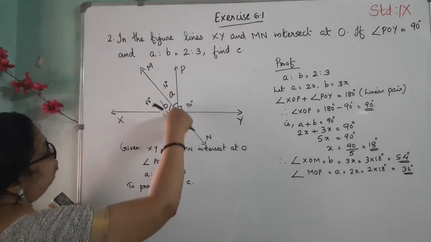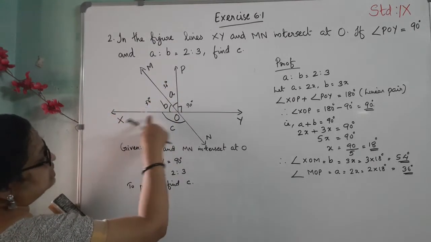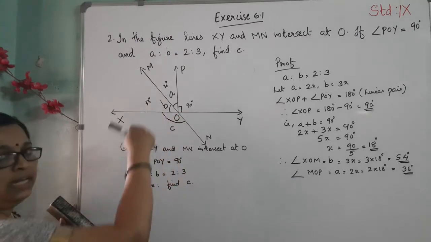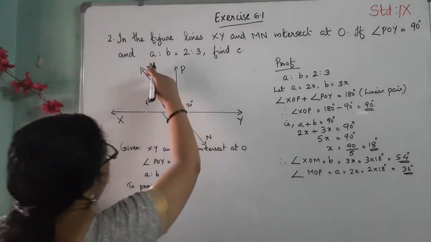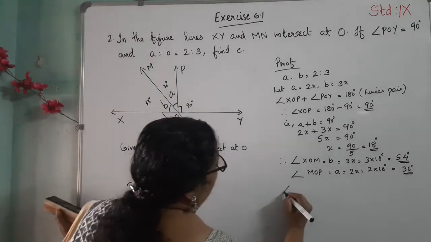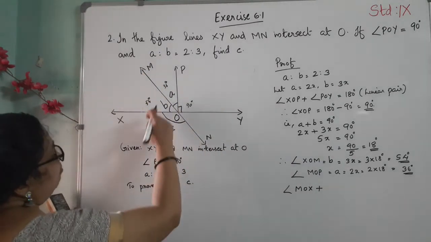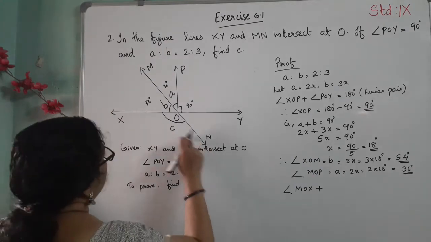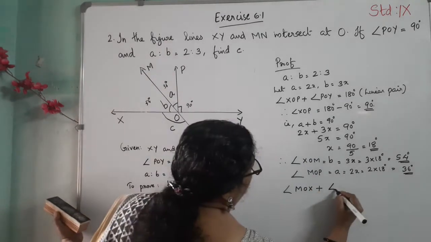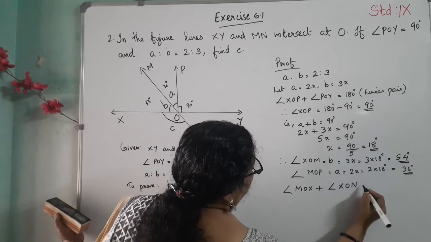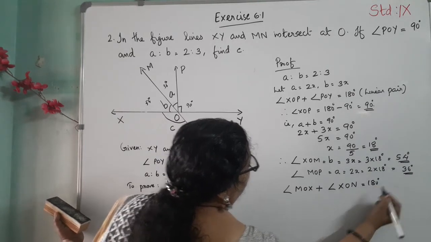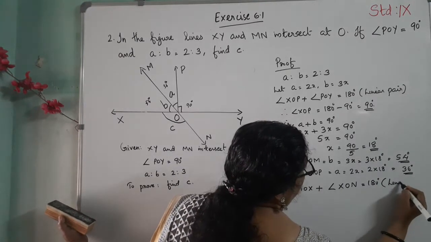This MN is a line and OX is a ray. Then MOX and XON form a linear pair. So we can write angle MOX plus angle XON equal to 180 degrees, that is linear pair.